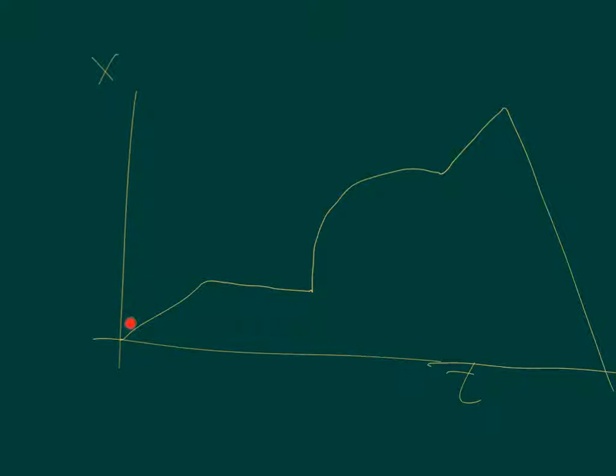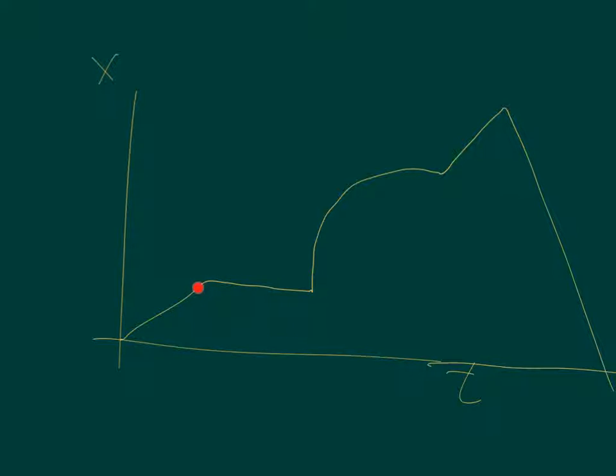Or in terms of our lab, the object starts at the motion detector. Remember we had the lab yesterday with the motion detector? So the object starts at the motion detector. The object then travels away from the motion detector at a steady rate with a velocity equal to the slope of this line. Slope of the line is the velocity. The velocity must be positive because the slope is positive.